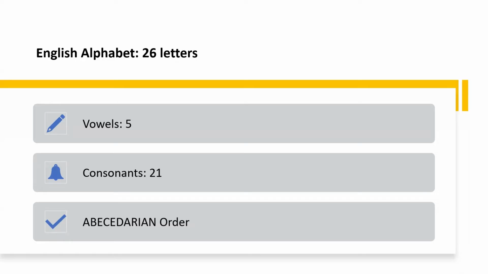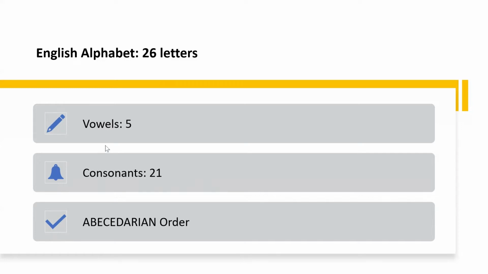So English alphabet, there are 26 letters. Out of them, there are 5 vowels, A, E, I, O, U, and the rest are consonants, and they are 21 in number. So 5 vowels and 21 consonants make 26 letters of English alphabet.